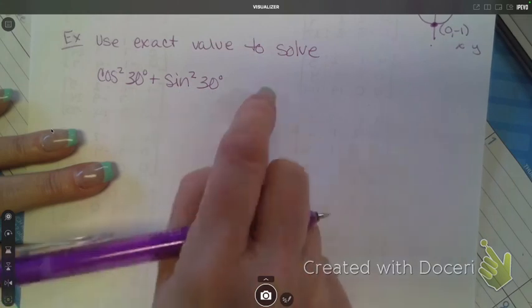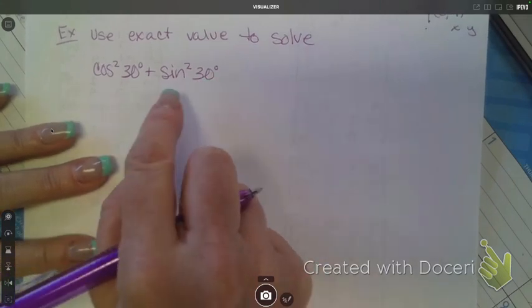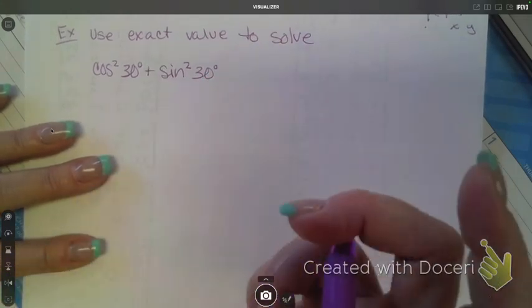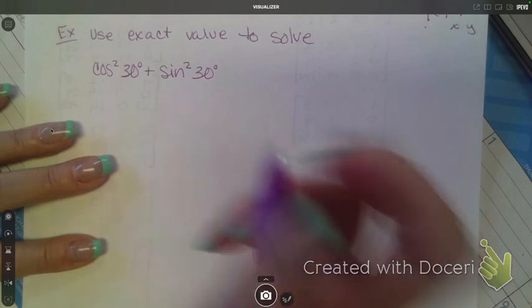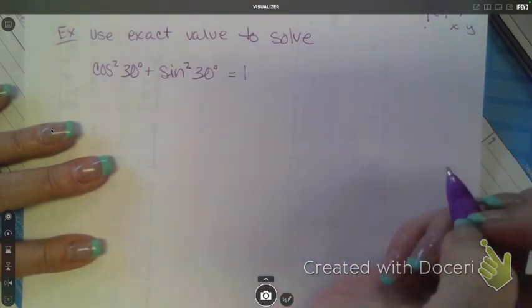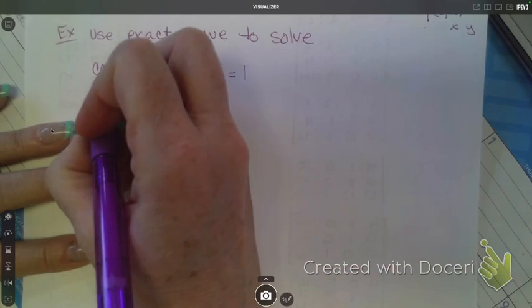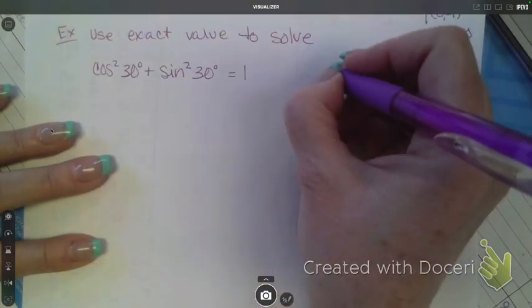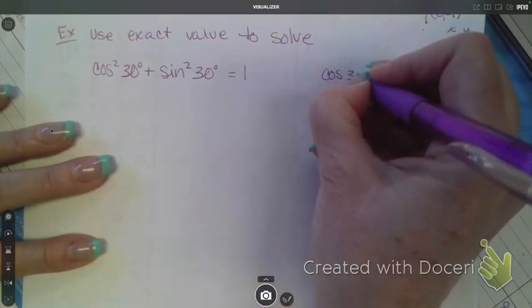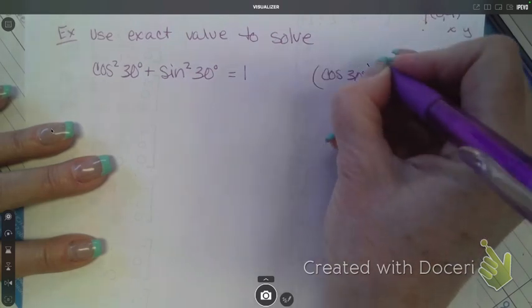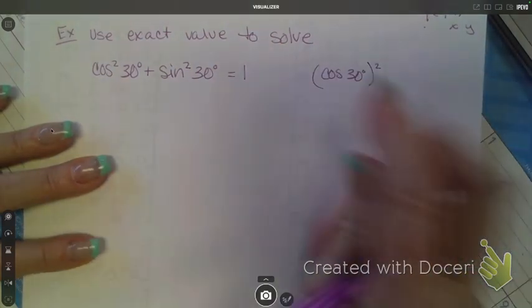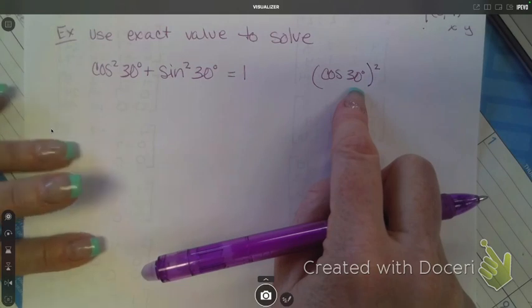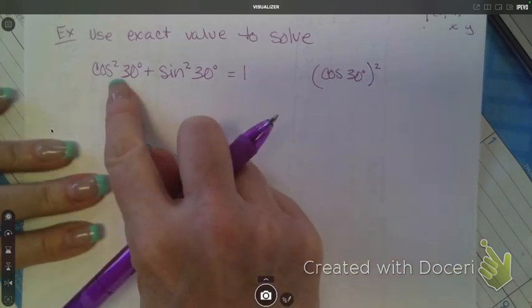It better equal 1, because we know that. Pythagorean identity, yes? So we know the answer should be 1. So this cosine squared of 30 really means cosine of 30 and then square it. But we're not going to write it like that every time. That's gross, isn't it?